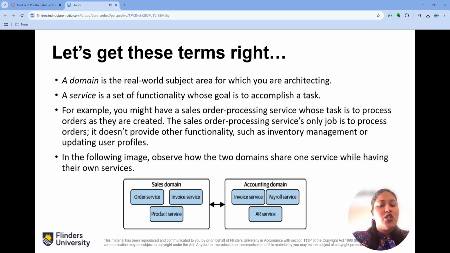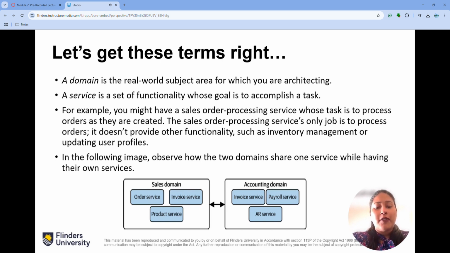Now imagine you are designing a system for an organization that includes multiple domains like marketing, accounting, sales, and so on. Each domain might have its own set of services, but some services can be shared across domains.